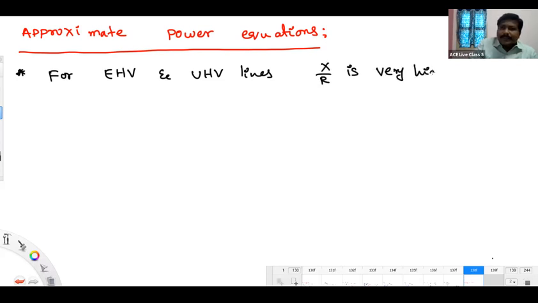If the X/R ratio is very high, then obviously reactance is very large compared to resistance value. So we can say simply resistance can be neglected in the series combination.